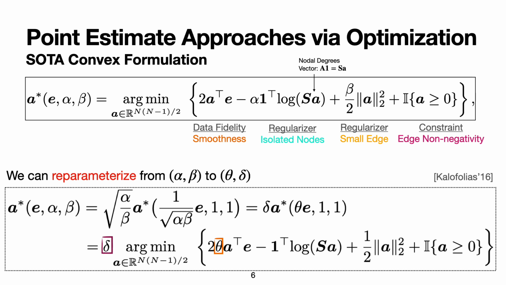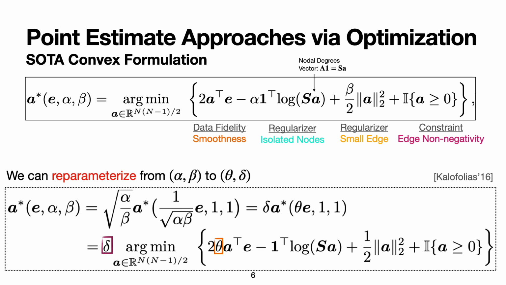Inside of the argmin we only have theta appearing, and outside of the argmin we only have delta appearing. Because of this, only theta influences the sparsity pattern of the recovered graphs.